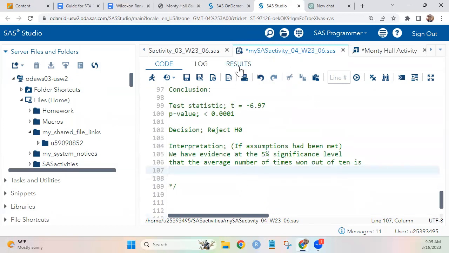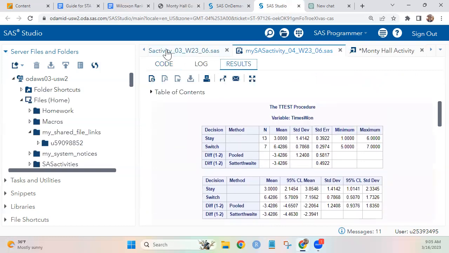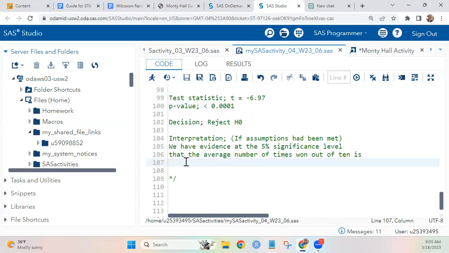Or I guess which group is describing which group is bigger, staying or switching here. Yeah, so blank or switching, as opposed to staying. And then is it greater or less than? Greater, yeah.